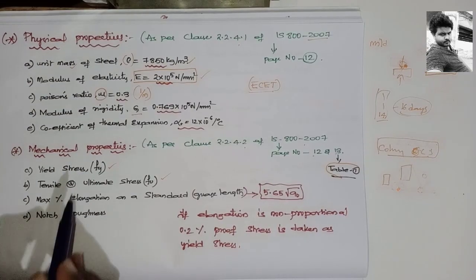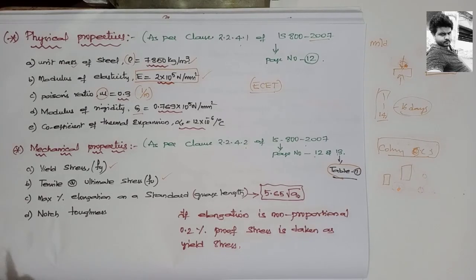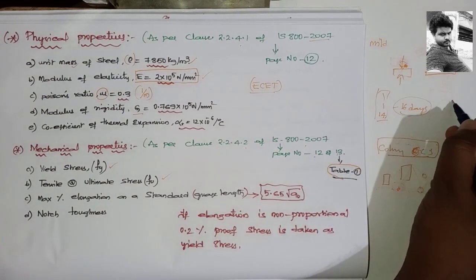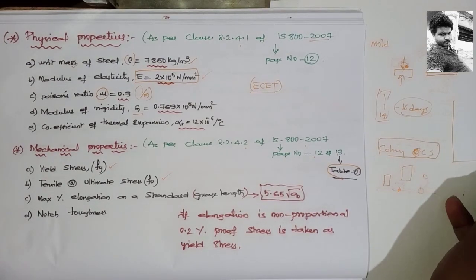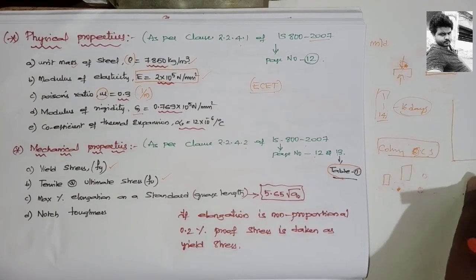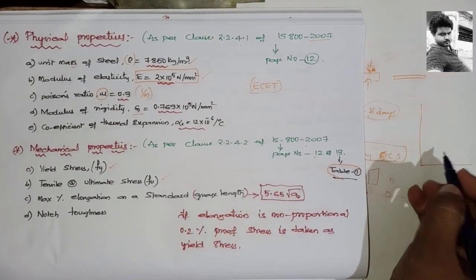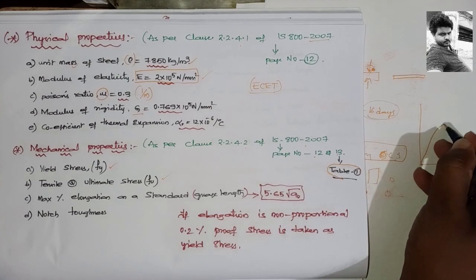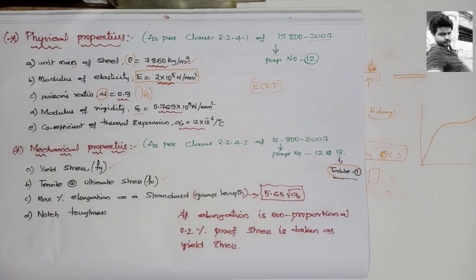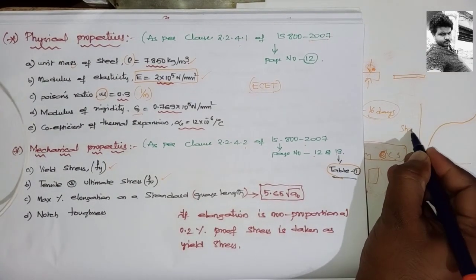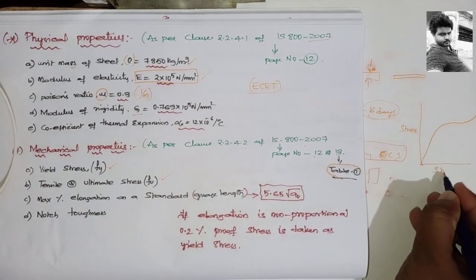Now what do you mean by yield stress? It is a point on a stress strain curve where there is a sudden increase in strain without increase in stress. Say for example, this is the stress strain curve, this is stress and this is strain.